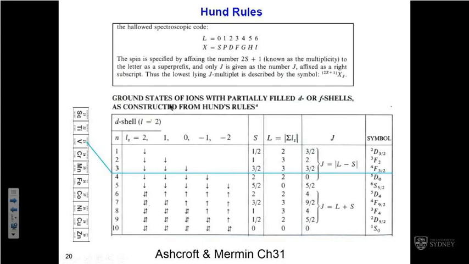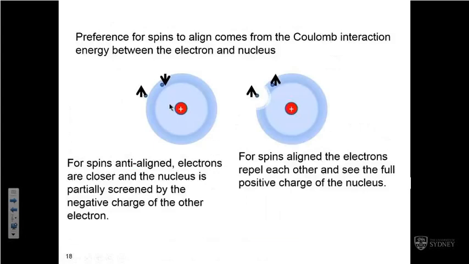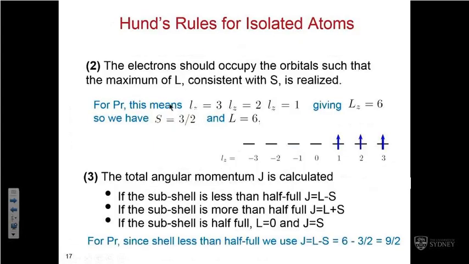Let's look again at if the subshell is more than half full. If the shell is half full and J equals L equals 0, well, L doesn't equal 0, and J equals S. Yeah, the thing is, the subshell is still less than half filled, you see, because let's just go slowly.